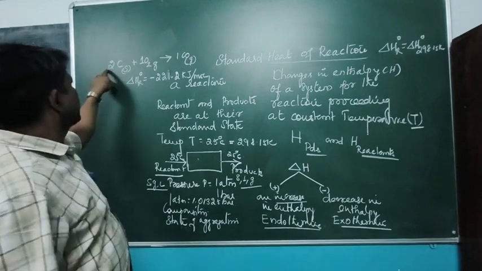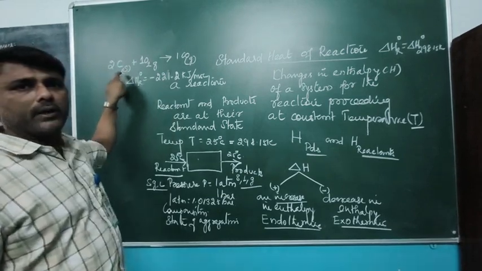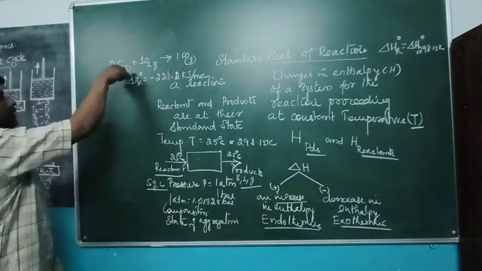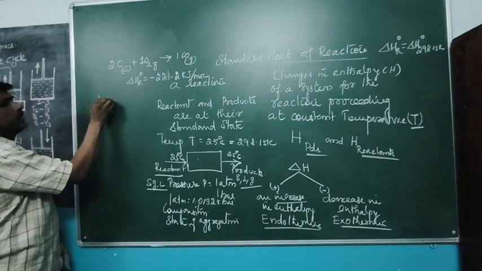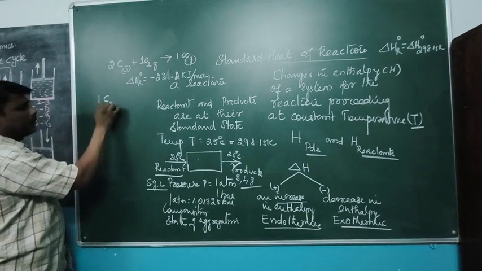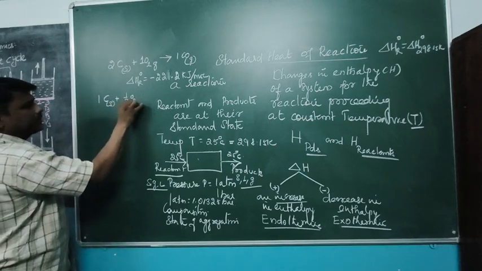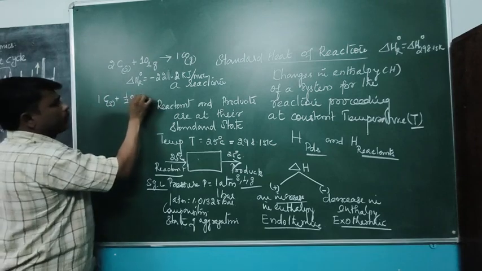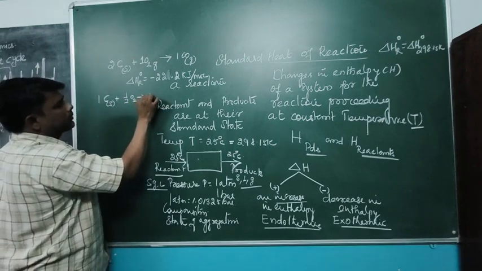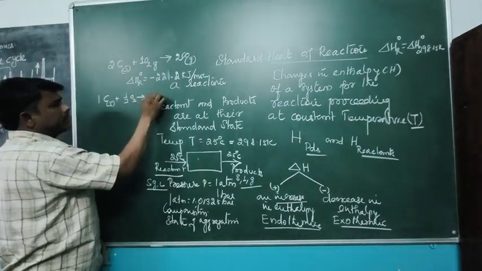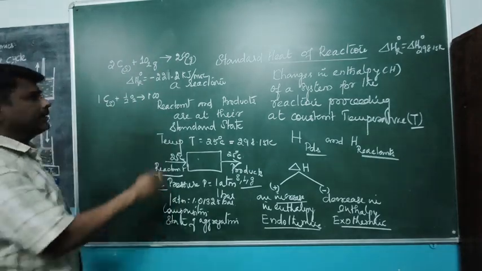One important point is the standard heat of reaction, or change in enthalpy of the system, mainly depends on the stoichiometric numbers of the reactants involved in the reaction. The meaning is, if 1 mole of solid carbon reacts with half mole of gaseous oxygen, it will produce 1 mole of gaseous carbon monoxide.